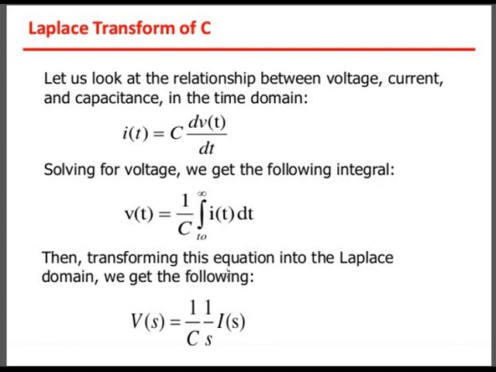Then transforming this equation into the Laplace domain, we get V of s equal to 1 upon Cs times I of s. So this is the Laplace for the capacitance.